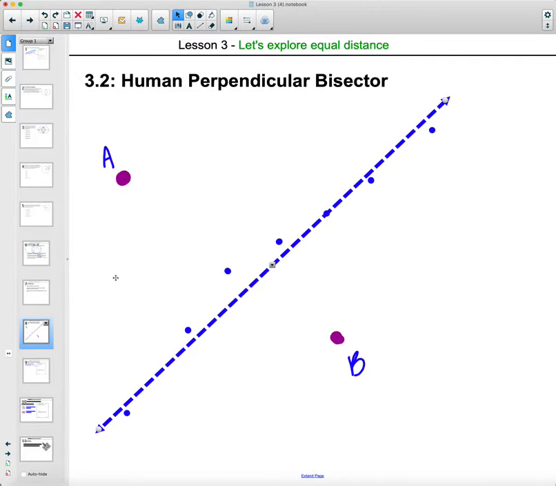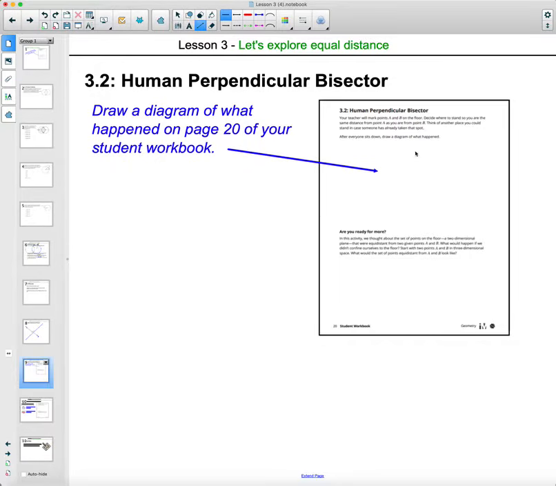And some people even said, notice the word perpendicular in there, and said it looks like they might be the perpendicular bisector of the segment connecting A to B. But so all of those points equidistant from A and B at the same time look like they're happening in a straight line. So just sketch a diagram of that on page 20 in your book.